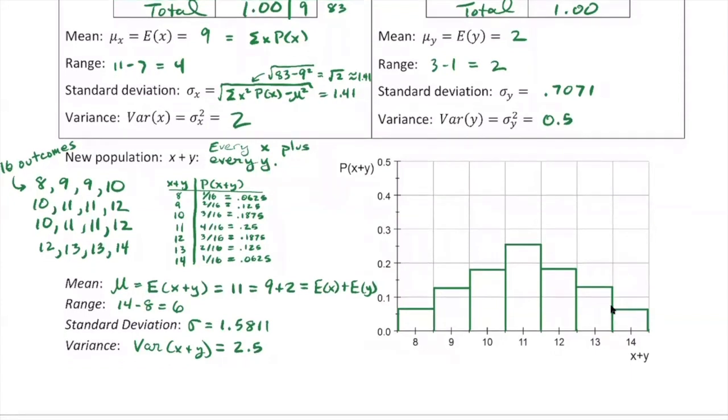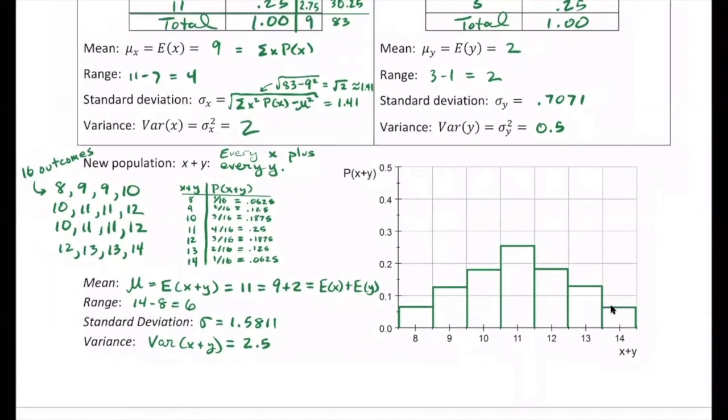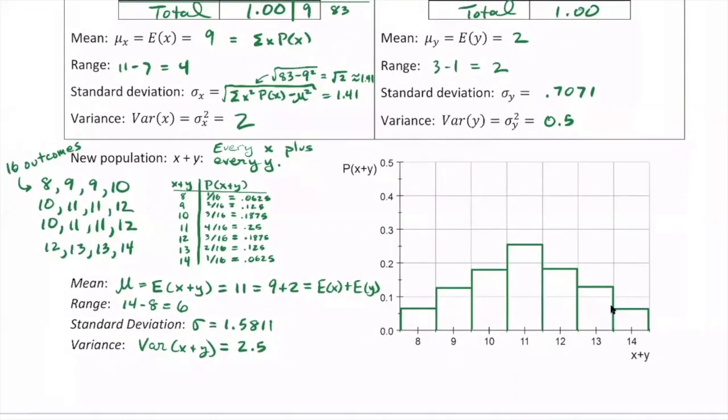Do you see that happening also with the variances? So the variance for x was 2, the variance for y was 0.5, and the variance for x plus y is 2.5, so they add. So the variance of x plus y was var of x plus var of y.